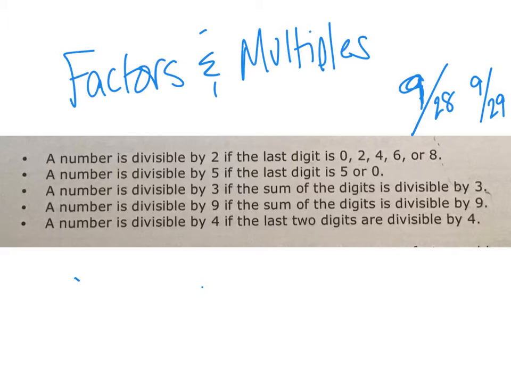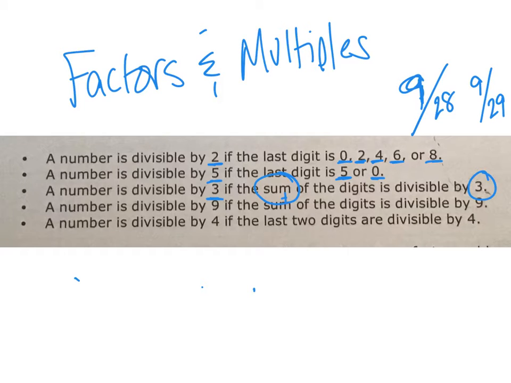You should have learned that a number divisible by 2, the last digit has to be a 0, 2, 4, 6, or 8. If it's divisible by 5, the last digit is either a 5 or a 0. If a number is divisible by 3, the sum, or adding up the digits, is divisible by 3.